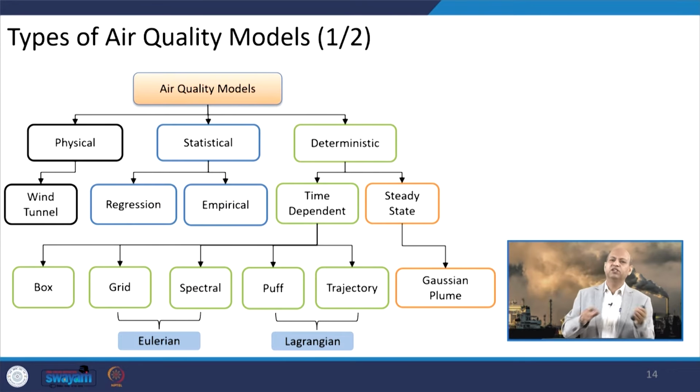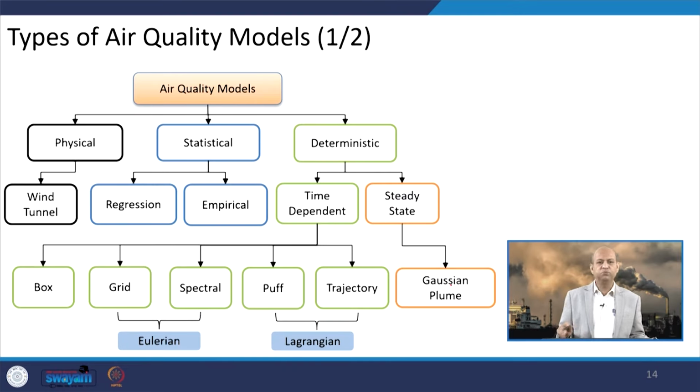But then mathematical modeling can be there, which could be a statistical model or deterministic model. In statistical it can be regressive or empirical, all those kind of things. In deterministic it can be time dependent or steady state, means after certain time the concentration will be kind of uniform.